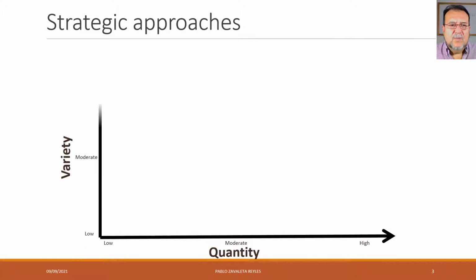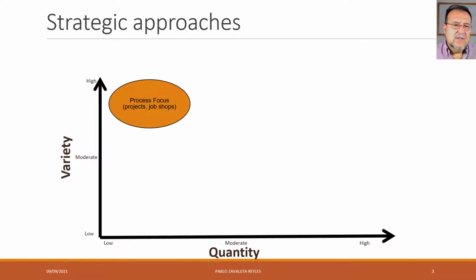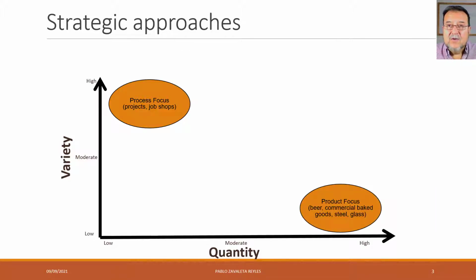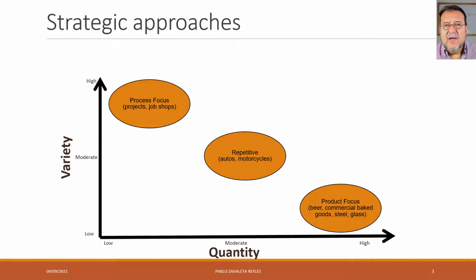As we saw previously, there are four general approaches. The process focus, which attends to high variety and low quantity. The product focus, where we work with high volumes of product and low variety. Then we have the repetitive focus, which works essentially with moderate volumes and moderate variety.